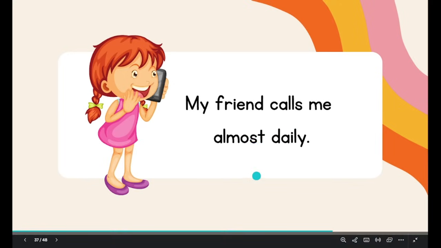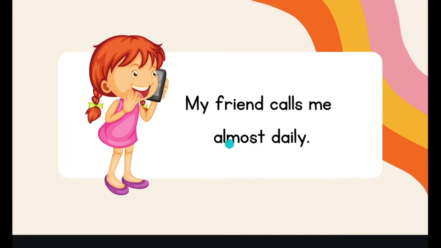So almost is an example of the degree of adverb. This time, our adverb modifies the word daily. So daily is an example of an adjective.